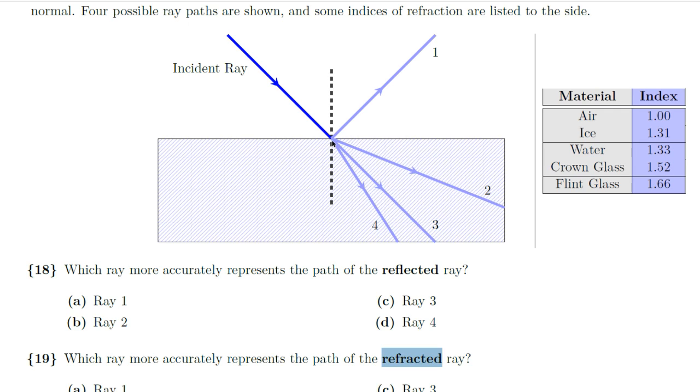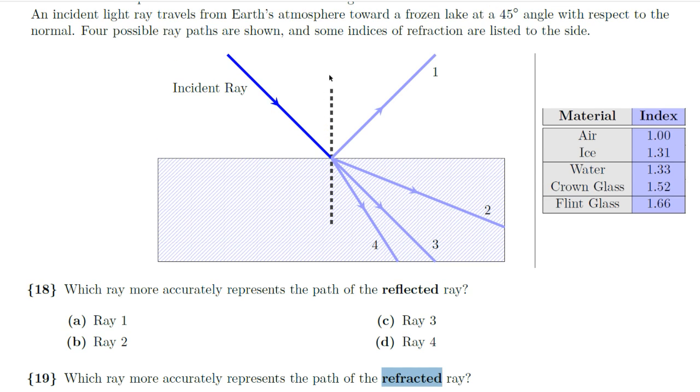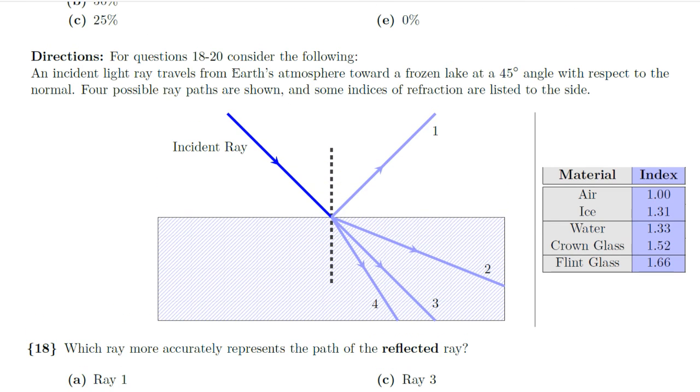So the question is, does the light bend more to the right, in other words, away from the normal, or does the light bend towards the normal? And that has to do with whether you're going from a low index to a high index, or the other way around. In this case, you're going through Earth's atmosphere, which is air, and the index is 1; you should know that without us telling you. You're going into a frozen lake. That means that it's ice, which is 1.31.